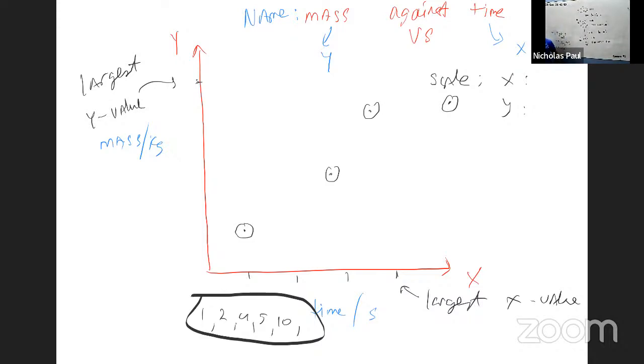The best fit line is drawn so that it is equally close to all of the plotted points.